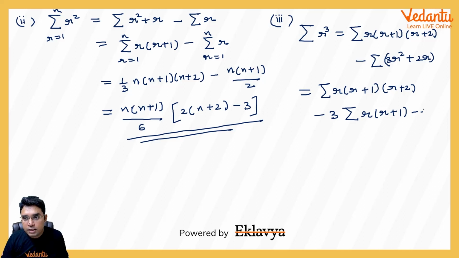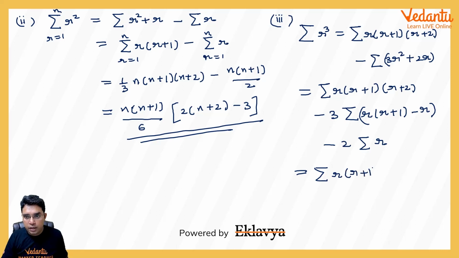For that I have to subtract r here, and minus 2 times sigma r. So you can see this will become summation r into r plus 1 into r plus 2 minus 3 times summation r into r plus 1, and here it will be plus 3 minus 2, so 1, so summation r with plus sign here.